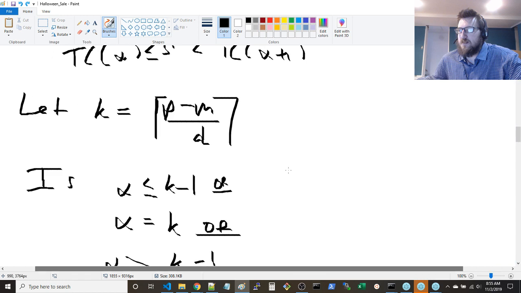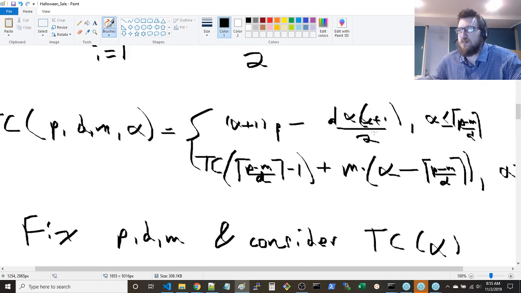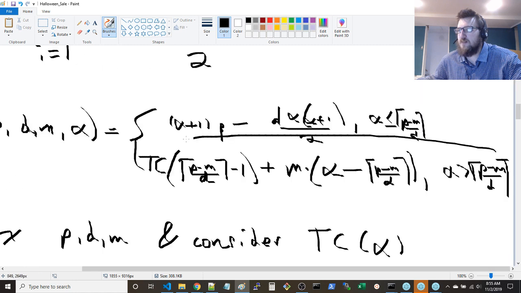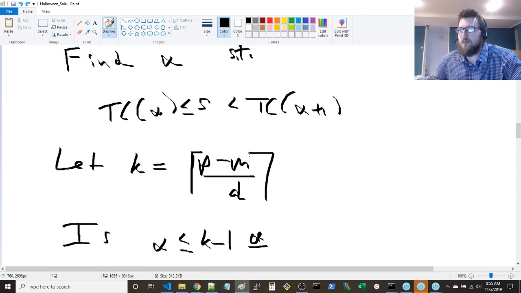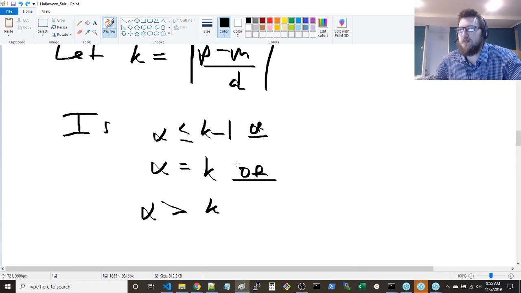If alpha is greater than k, it's a different case entirely, because greater than k means you're looking here, and k plus 1 you also, okay, yeah, so there are 3 cases. Yeah, I knew that initially, but for whatever reason, my brain is not processing that properly. So there are 3 cases.